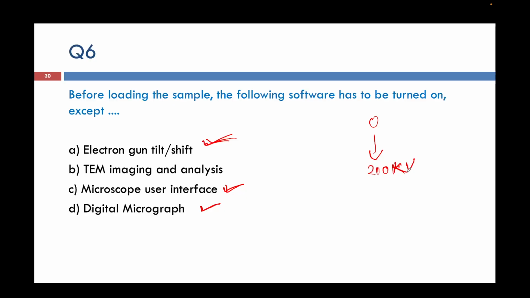Ideally the potential between the gun and our sample, the ground, is 0.